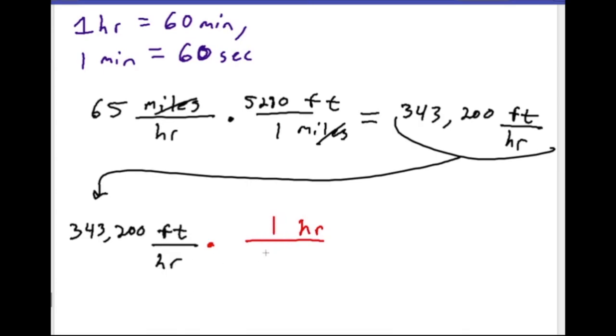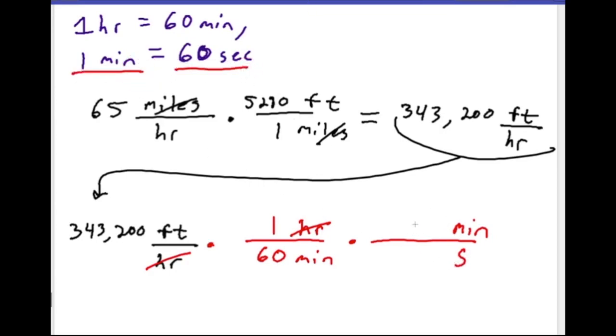So 1 hour is equivalent to 60 minutes. So hours cancel out, but wait, we still have minutes. Our goal is to end in seconds. So let's do it again. We got minutes on the bottom here. That means we need minutes on top here, which means we need seconds on the bottom. We said 1 minute is equivalent to 60 seconds.